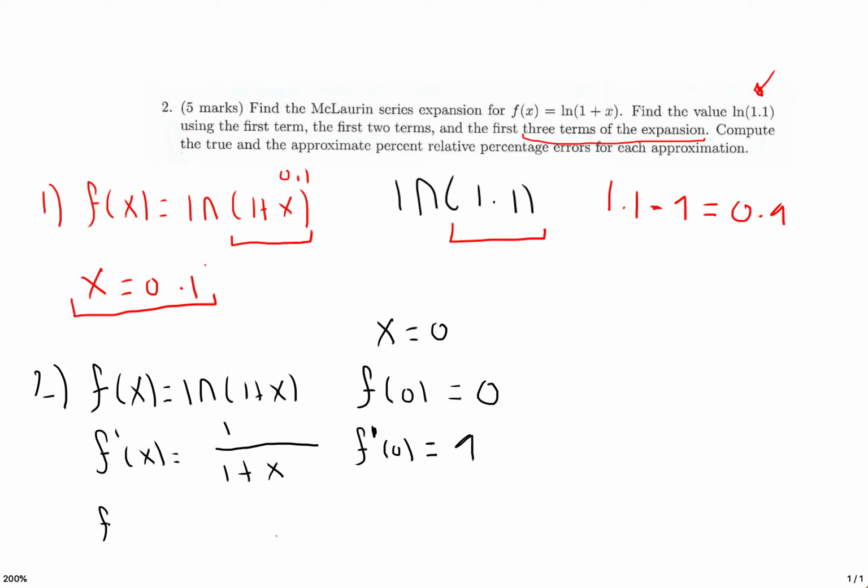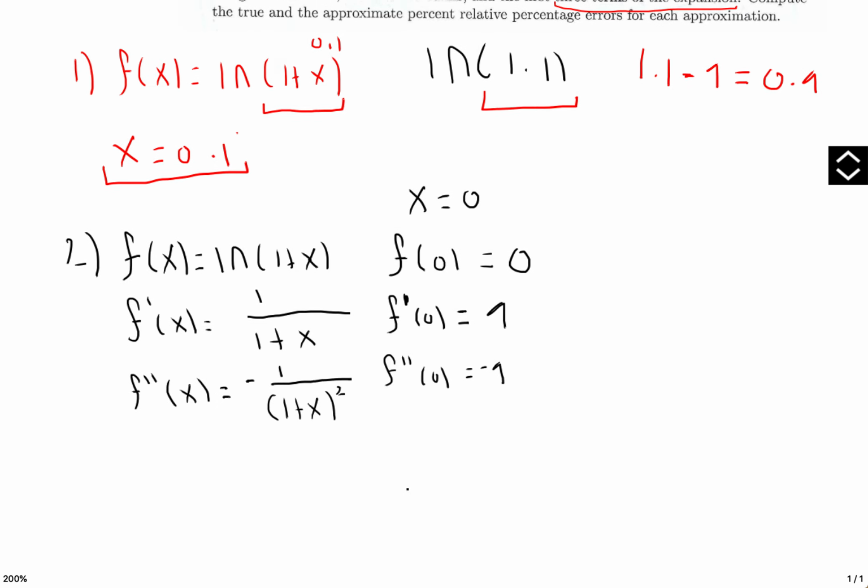And then I'm going to do this for the first three terms we're going to find. So the next thing we're going to get, if you take the derivative of the previous term, is negative 1 over (1 plus x) squared. And then we simply evaluate this at 0 and we get negative 1. Okay, it's straightforward.